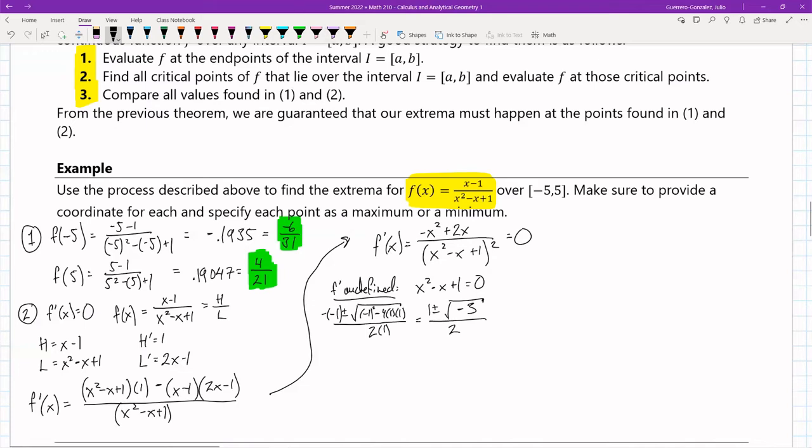This automatically tells us, this right here in particular, says we don't have answers for this. Since the determinant inside is not positive, we know that this is never going to be 0. So this automatically tells us all values are defined. So f prime is undefined nowhere.